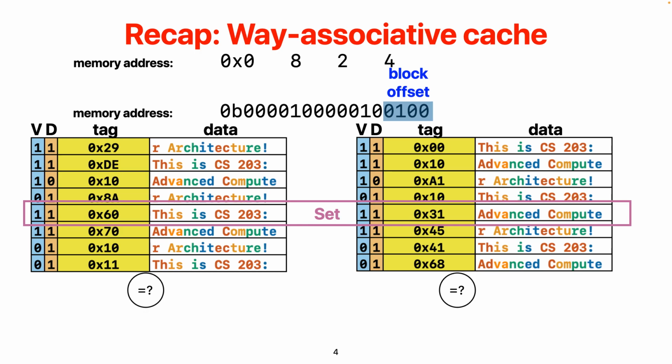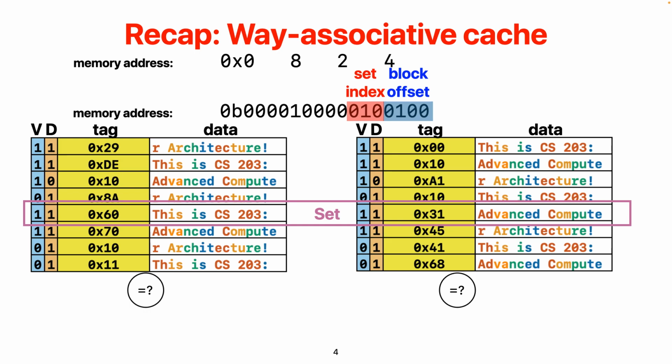As we said, the idea of a set is pretty much like a hash function, and our hash function is pretty simple. Depending on how many sets you have, we number them, we label them in order. So if you have a certain number of sets, we take log base 2 of the number of sets, and that's the number of bits you need to address all the sets you have.